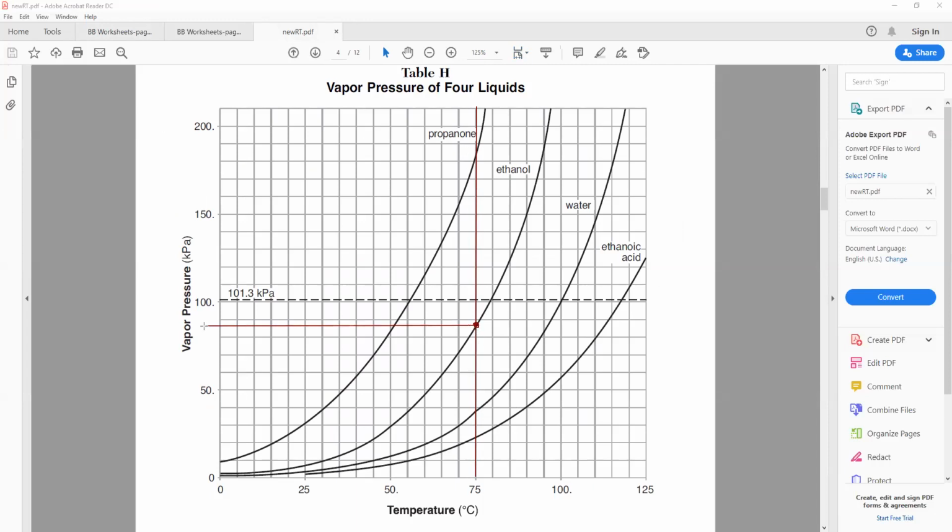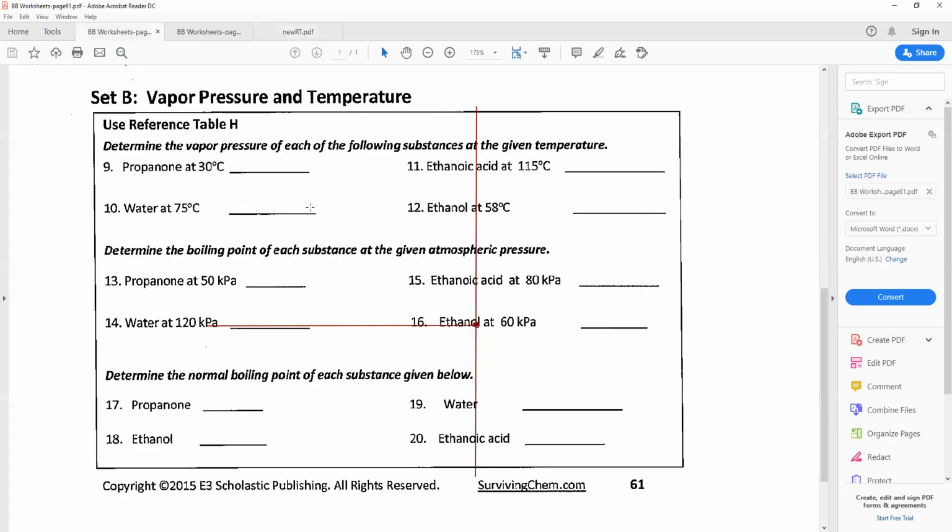It's over here. So I will see that it's approximately 60, 70, 80, approximately 88 kPa. You have to remember that the temperature goes up by 5 and the pressure by 10. So 88 kPa.